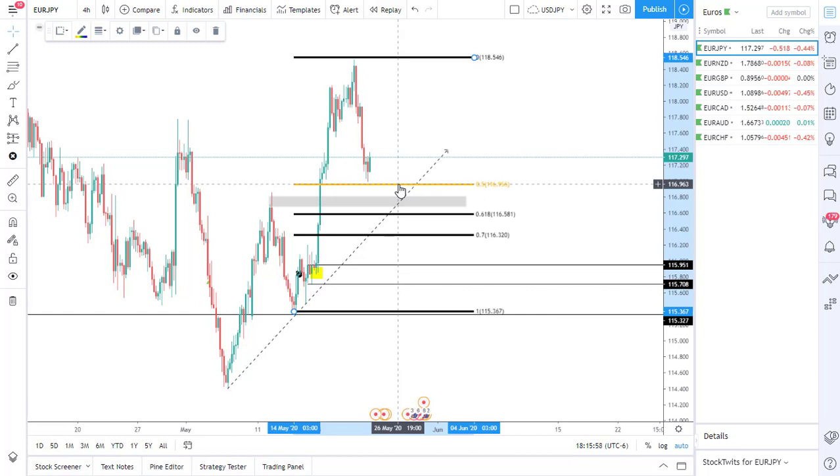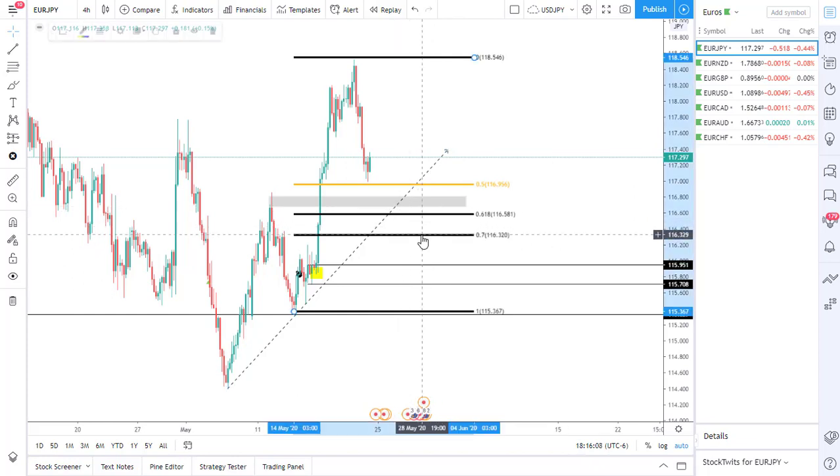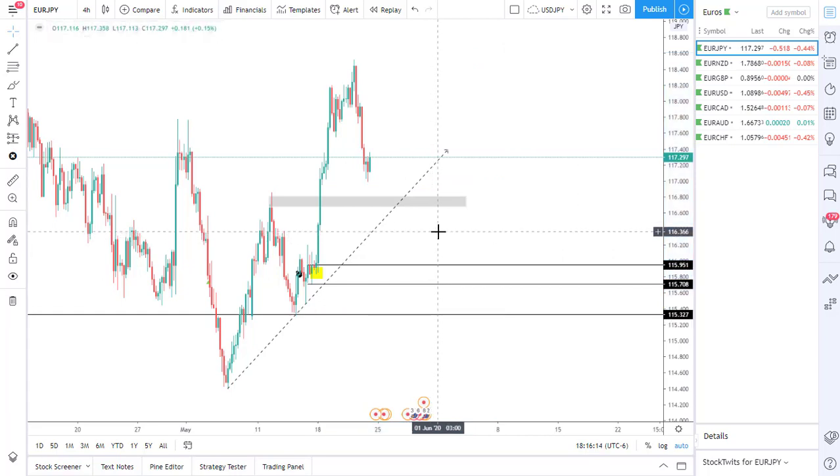They worship this number, 61.8 and 70%, and also the 79. I don't trade Fibonacci levels. I trade supply and demand, and I buy from demand zones, and I sell in supply levels. So what I'm trying to explain on this analysis is that we have liquidity.